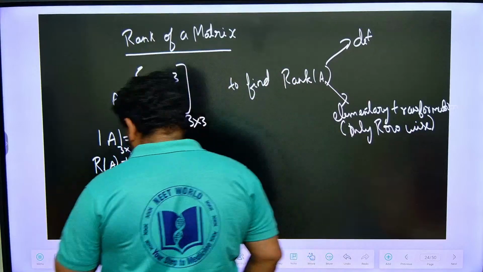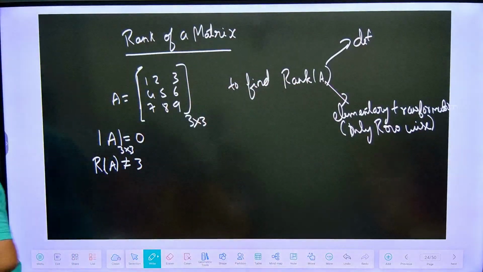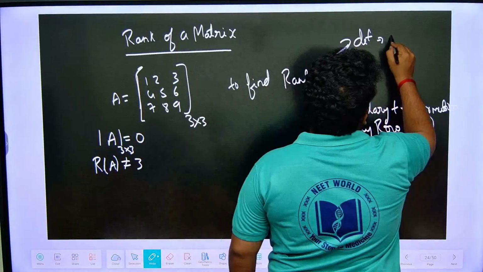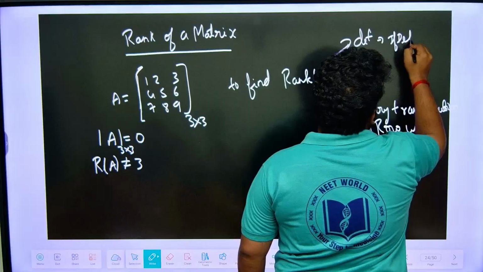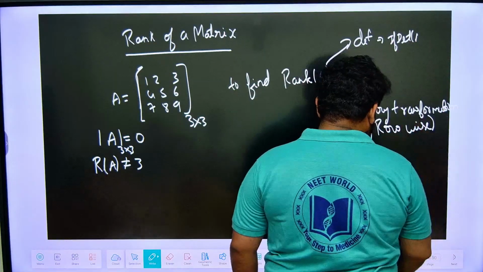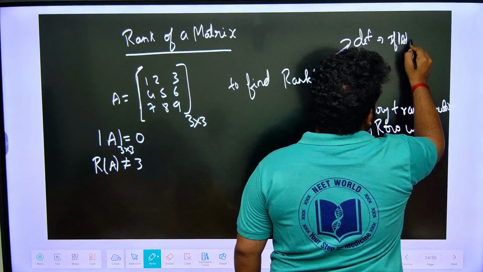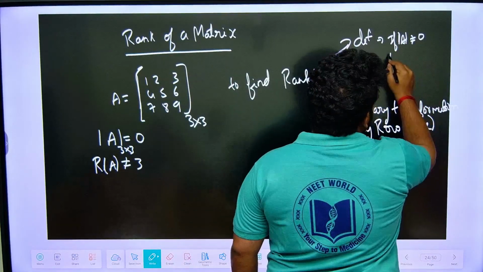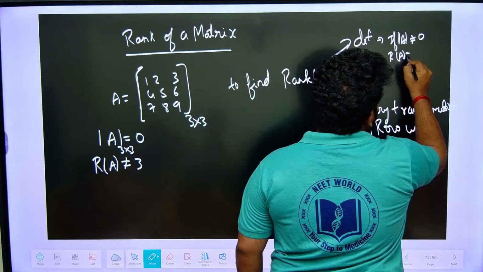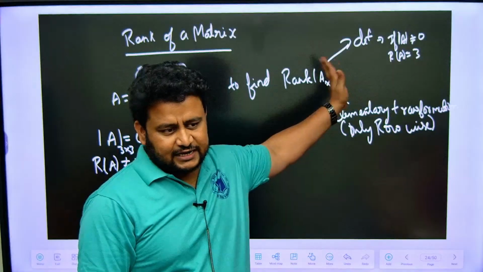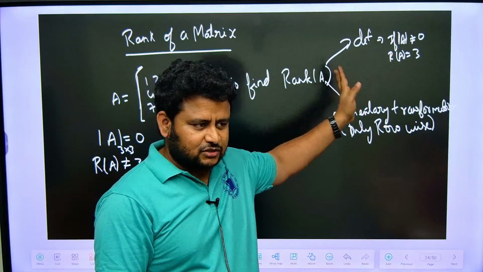So, what happens when we talk about det? Already I told you, if det of A is not equal to 0, then rank of A will be equal to 3, directly.